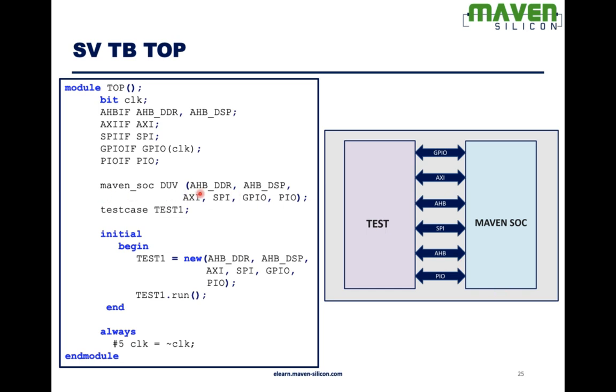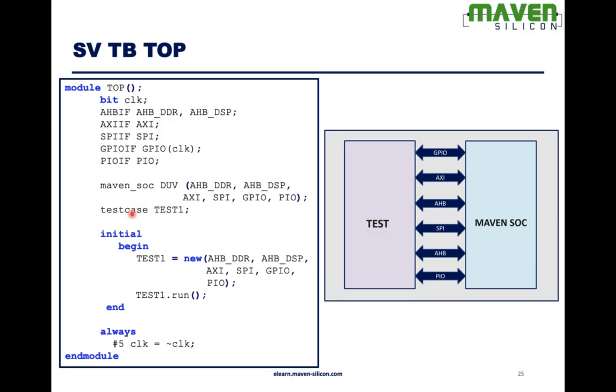And the SoC has got the ports. You look at this. So SoC has AHB for DDR, AHB for DSP, AXI, SPI, GPIO, PIO. So we are instantiating all these instances as part of the port list.